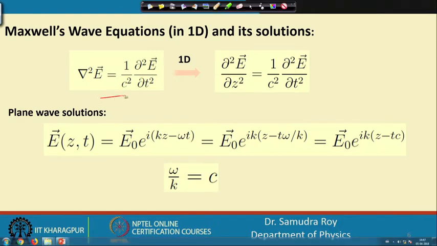If I make it 1D form, as I already did in the previous slides, replacing this grad square operator with del 2 del z square, in 1D means I have used just one variable. x, y, z are three variables, and in a 3D system we normally use that, but here we use one variable, and this one variable is z. When we do that we find this equation exactly looks like the general wave equation.